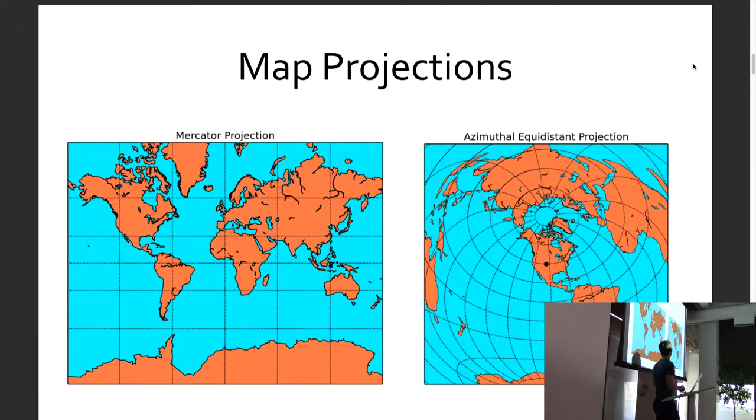The thing in this projection is that the distance from Austin, in the middle point here, is always the same in all directions, but it gets distorted as you go away from it.